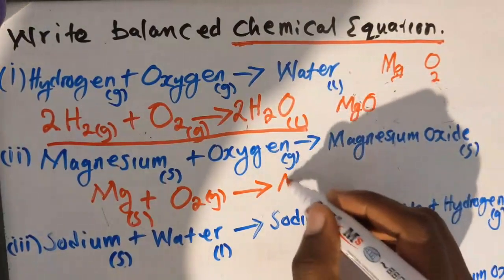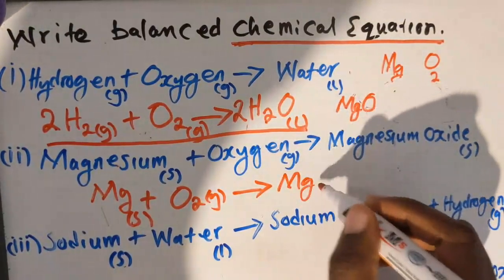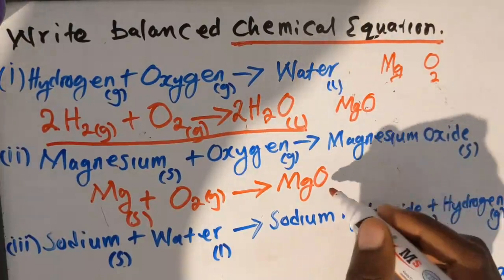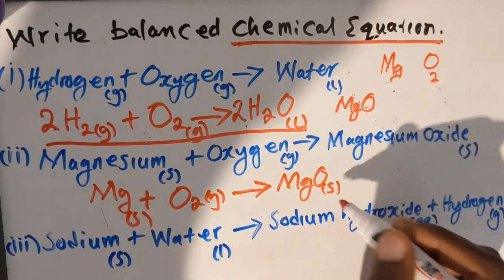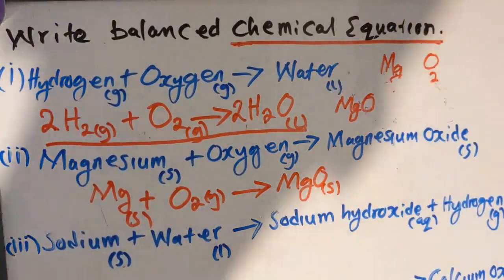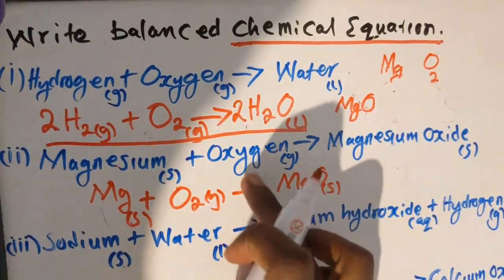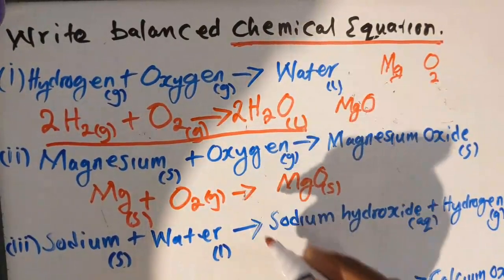So meaning that we are going to have magnesium oxide like that, but it is what? A solid. Okay, it is a solid. So that is how you do it. Okay, so that is how you are supposed to do it.